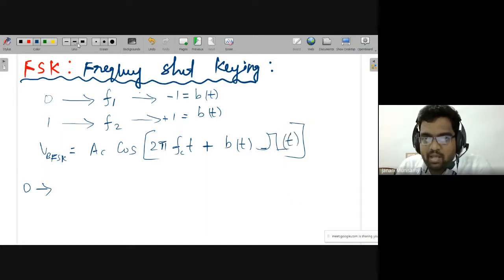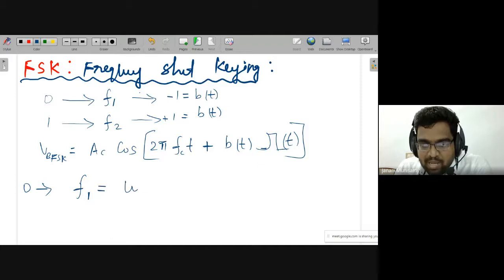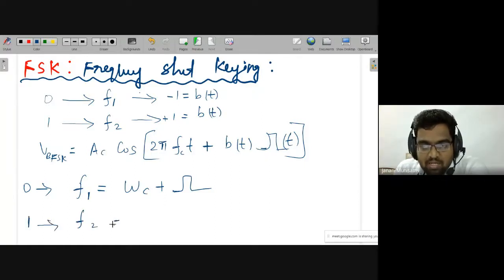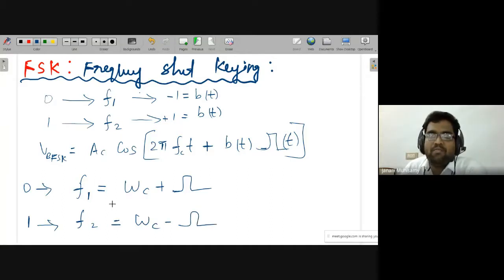So whenever I send 0, that is frequency F1, the same as omega c plus omega. Then F2, whenever I send 1, is omega c minus omega. So we send two different frequencies: for 0 bit one frequency, for 1 bit another frequency.